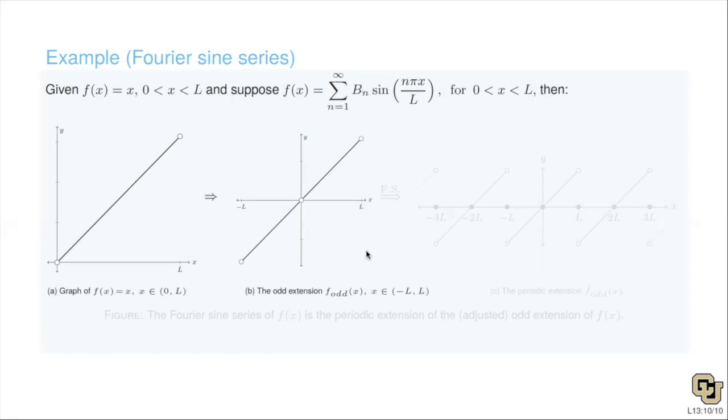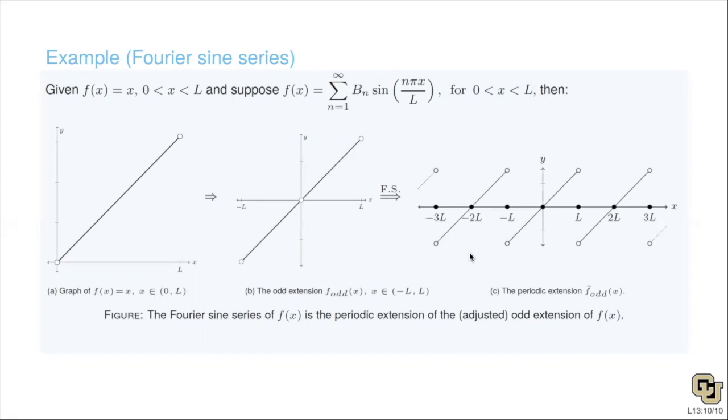Now we have a function defined on minus L to L. Take the Fourier series of that, and that's the Fourier sine series of the original function f defined on 0 to L, or the Fourier series of the odd extension of f. And here the removable discontinuities have been filled in. At the jump discontinuities, the function's redefined to be the average.